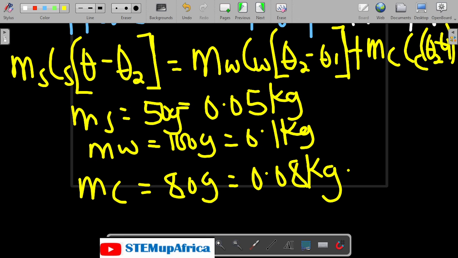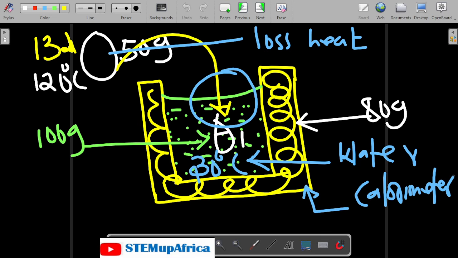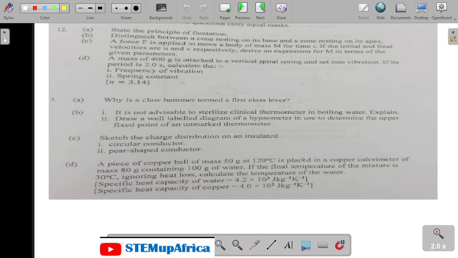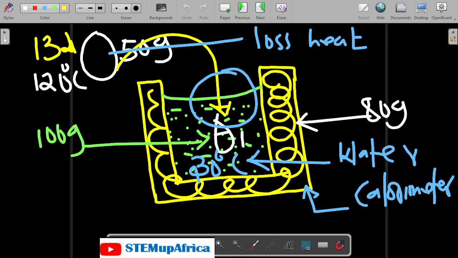With this, I can now find what we are looking for. They give us the temperature of the mixture, and we are looking for the temperature of the water, which is theta 1.